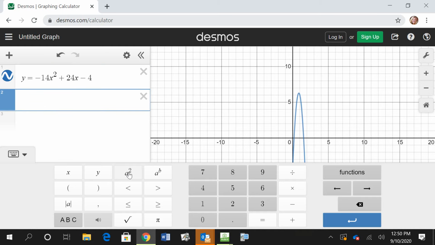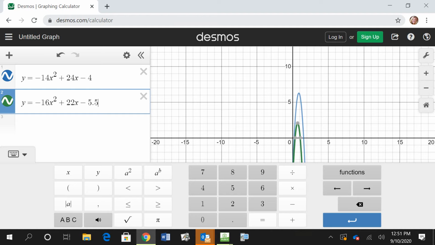I press enter and go to the next one. Just to save myself time, I'm going to copy and paste this in and then make little adjustments. So for Cassandra, it's negative 16x squared plus 22x minus 5.5. Okay, so again, my blue, my first equation, is Kylie, my green is Cassandra.